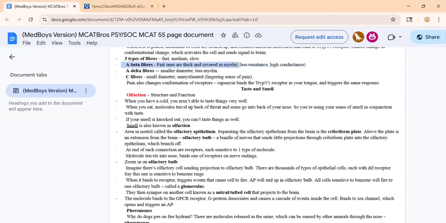You're an A student, sometimes you're a D student, smaller diameter, less myelin, but you're not too bad. Now, if you're a C student, you never got A's, small diameters, unmyelinated, really bad. Lingering sense of pain.